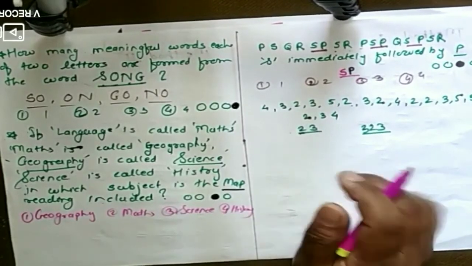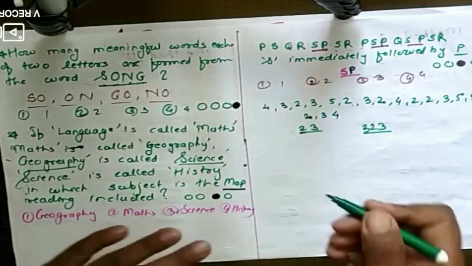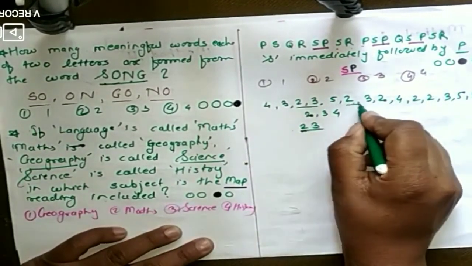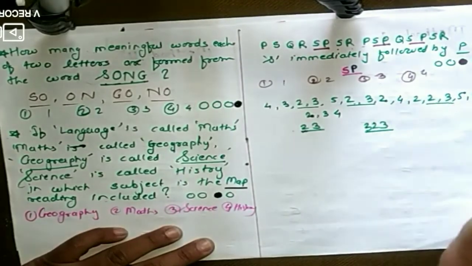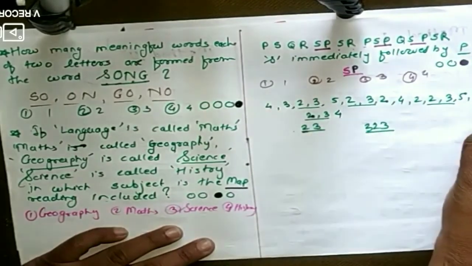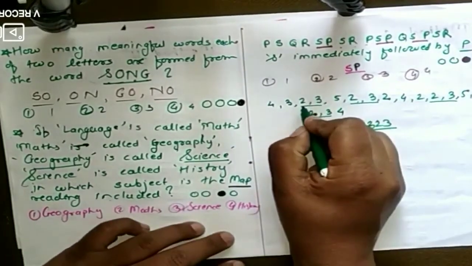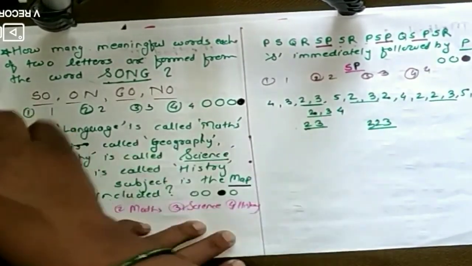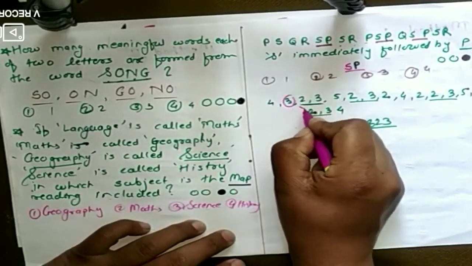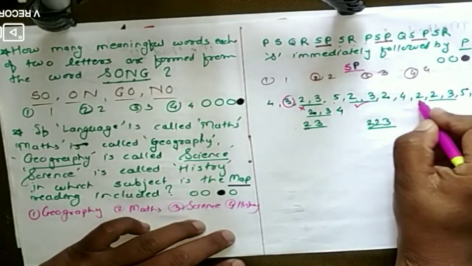Here we have to just see how many times 23 came. 23 is here, here is also 23, here is also 23. Then suppose here 3, 3, 2 is given, here 23 is there, but behind it 3 is there.